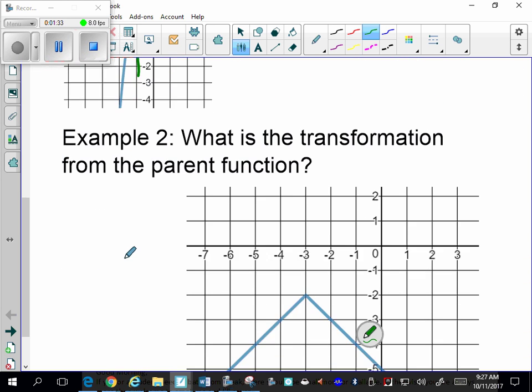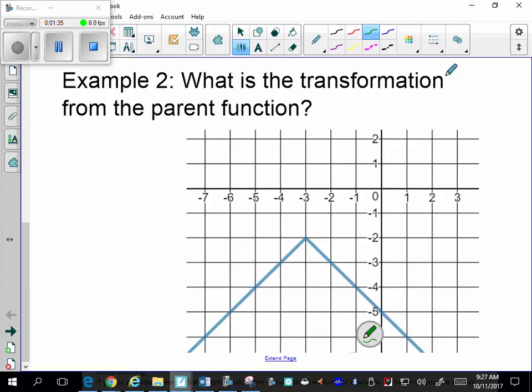Example 2, so what is the transformation, or transformations it should say, from the parent function? So what parent function is this? It's absolute value. That goes through 0, 0, 1, 1, negative 1, 1, and it's V-shaped. What do you notice right away about this V shape?